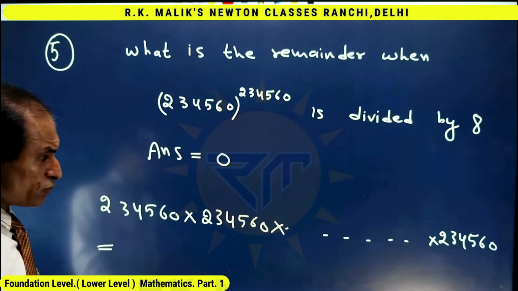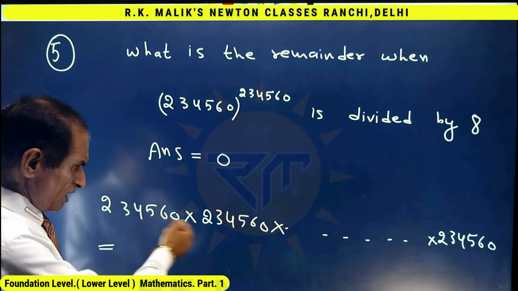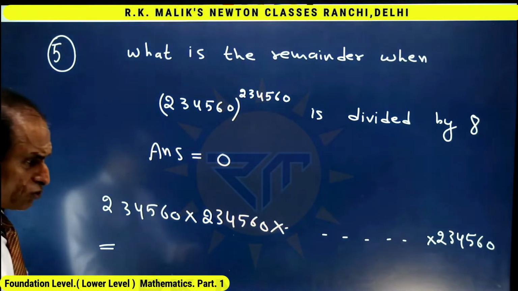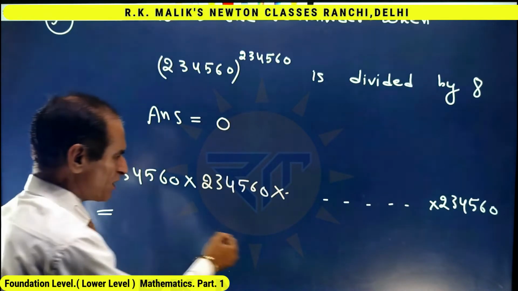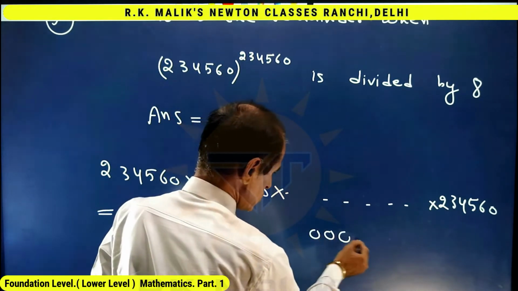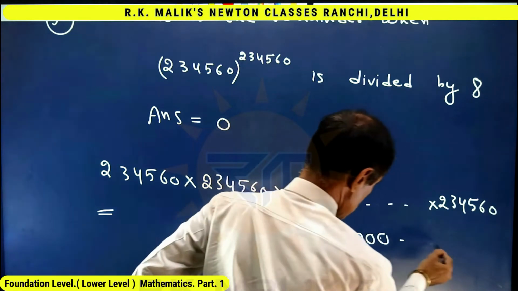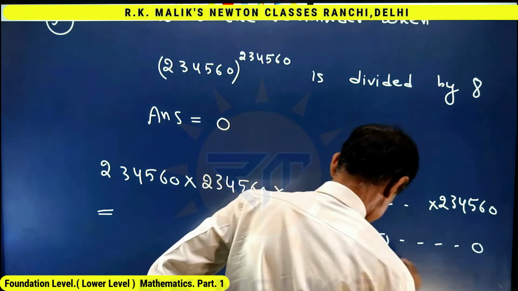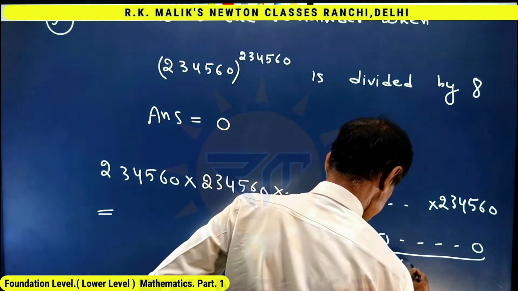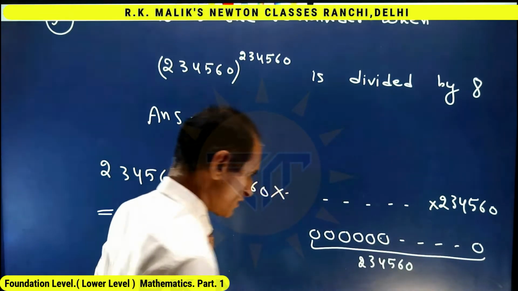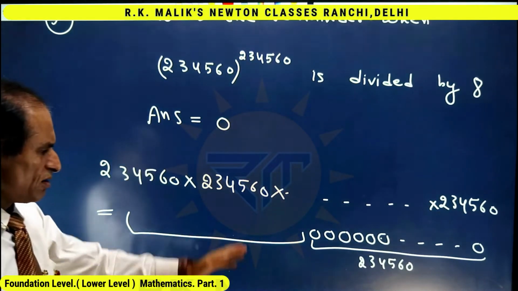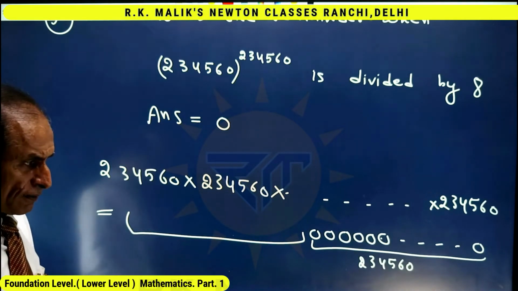It is very easy to see that because each number has 0 in the end, after multiplication the number you will be getting will have 2, 3, 4, 5, 6, 0 number of zeros in the end, and here also some number will be there.